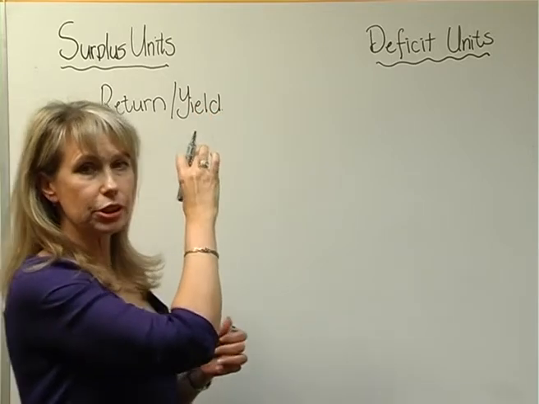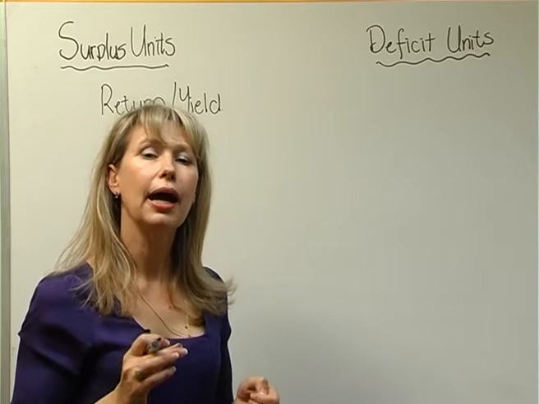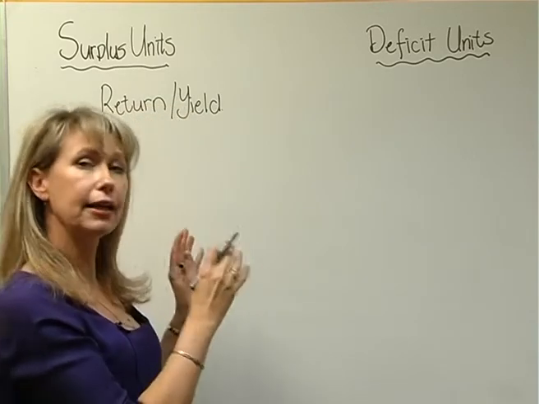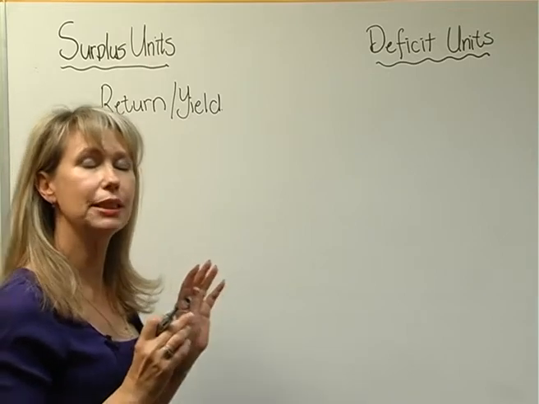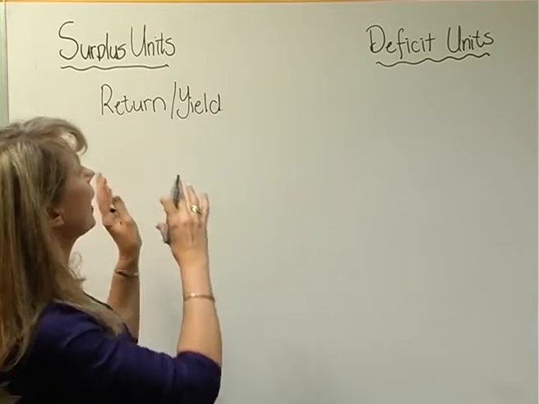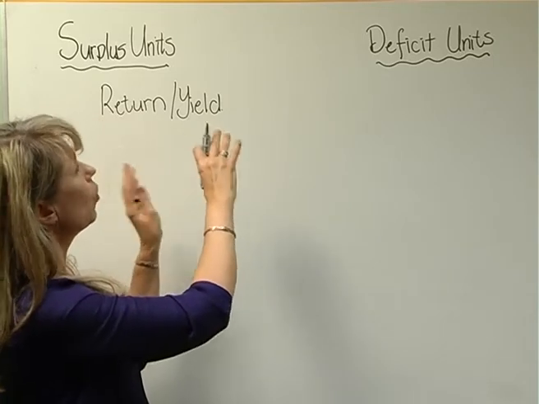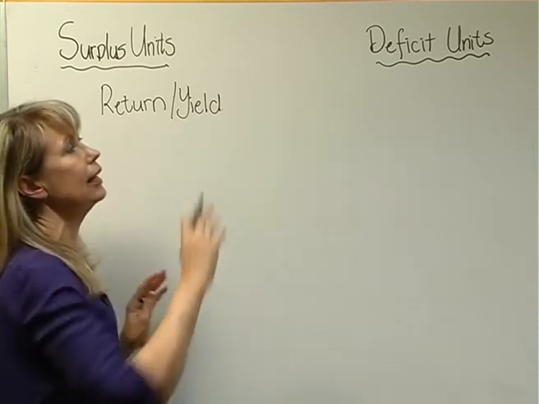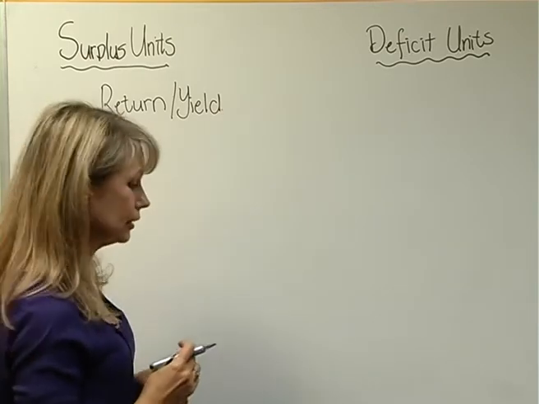That will determine the return or the yield, how much larger the money that they are going to get back for the financial instrument is than what they put in originally, or how much more the funds that they're going to get back are than the funds that they lent to the deficit units. Right.